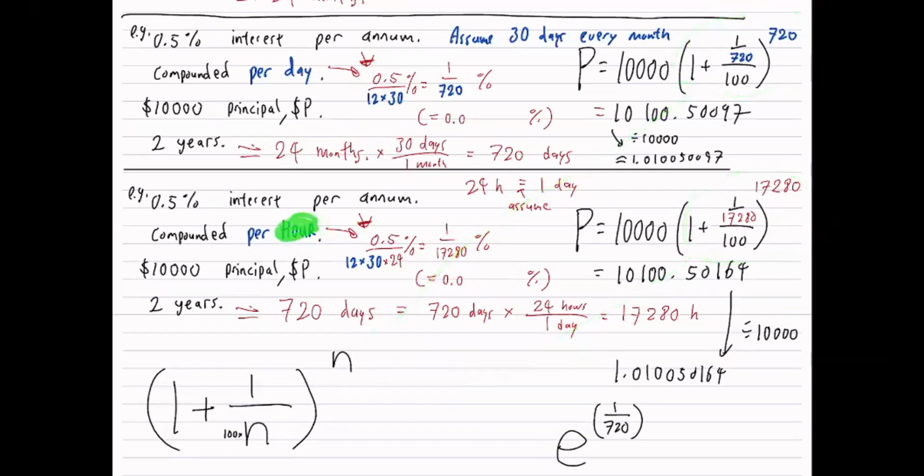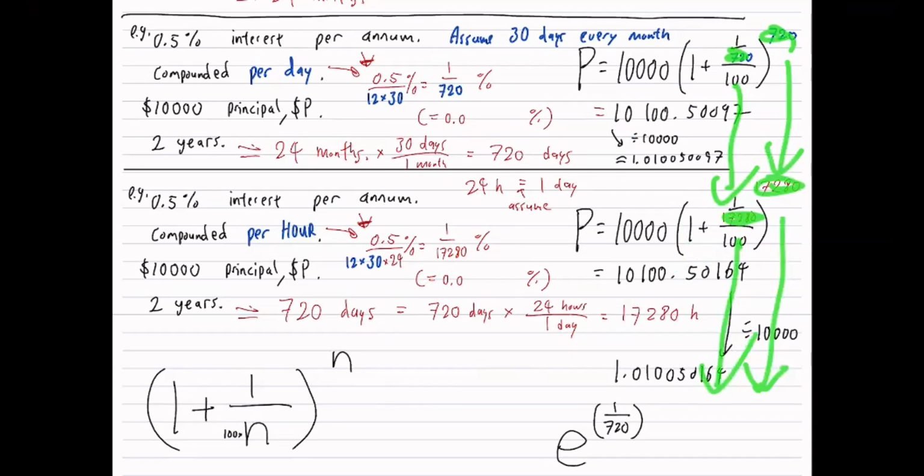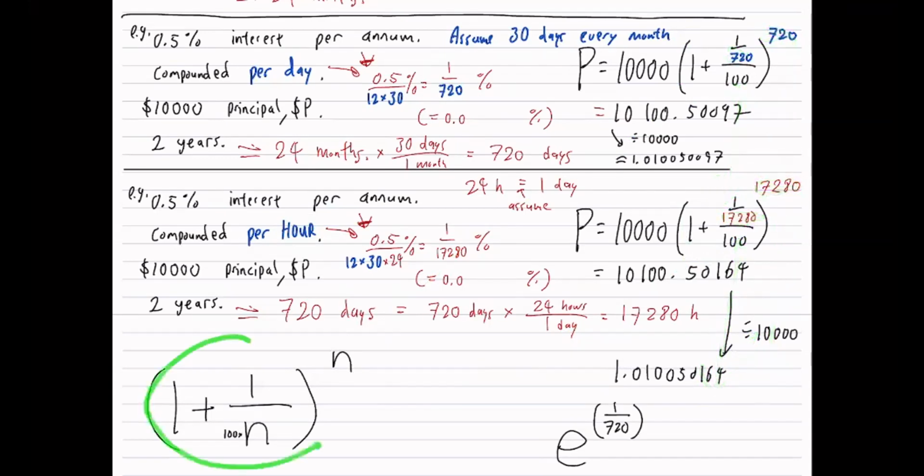I don't want to waste too much of your time. If you change it from per hour to per minute, or from per minute to per second, more and more frequent, you realize that the n value here, the 720, will change to 17,280, and to an even larger value, and even larger value. So eventually it follows this pattern and n gets larger and larger.